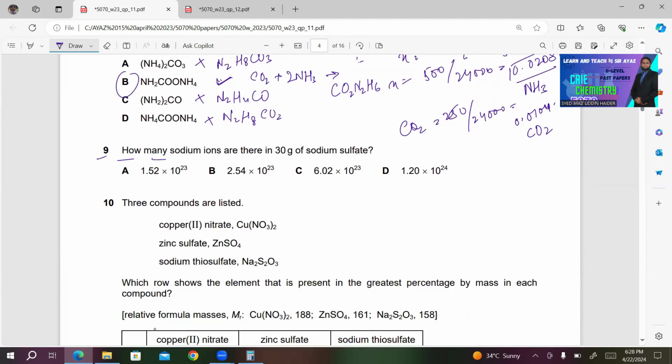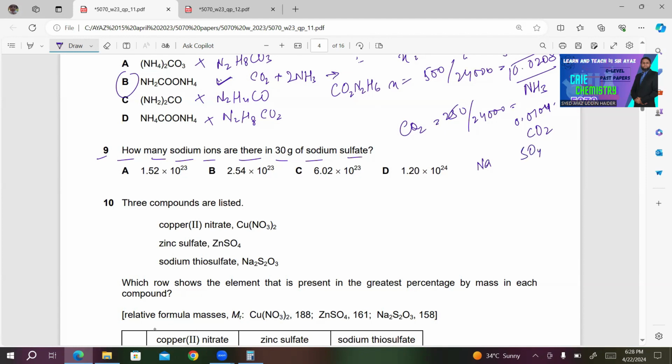9. How many sodium ions are there in 30 grams of sodium sulfate? First of all, I will convert this gram of sodium sulfate into moles. What is the formula of sodium sulfate? Sodium ion is Na, sulfate is SO4.